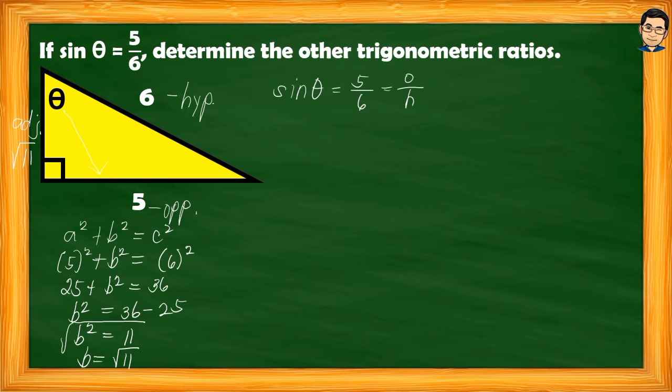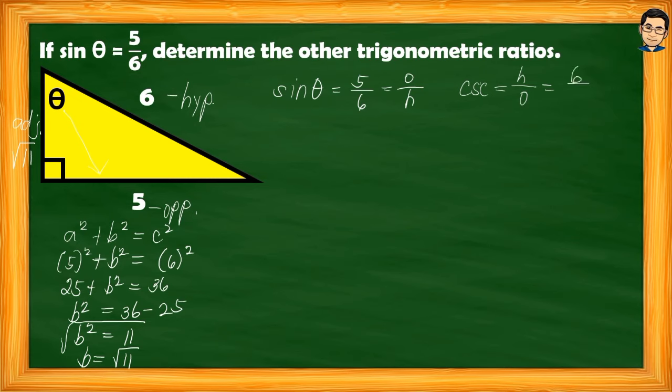Now, we will determine the other trigonometric ratios. Kasi meron na tayong tatlong sides naman. Yung sukat ng tatlong sides. So, yung reciprocal ng ating sine theta is cosecant theta, di ba? So, yung cosecant theta natin is h over o. Hypotenuse over opposite. So, hypotenuse is 6.